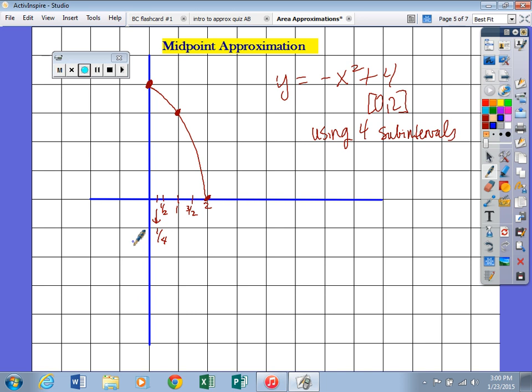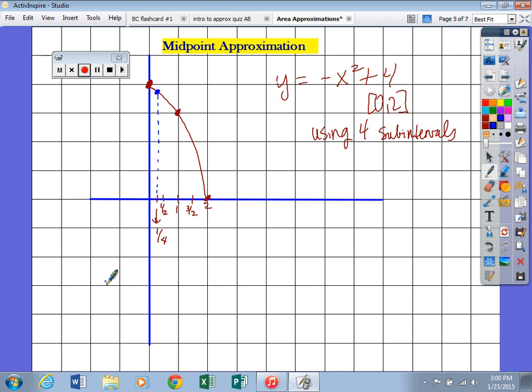Well, I know that a rectangle exists between 0 and 1/2. So I go between those two to 1/4, and at that 1/4 mark, I need to go all the way up to where that hits the curve, okay? And wherever that hits the curve, that's where I draw the top of my rectangle.